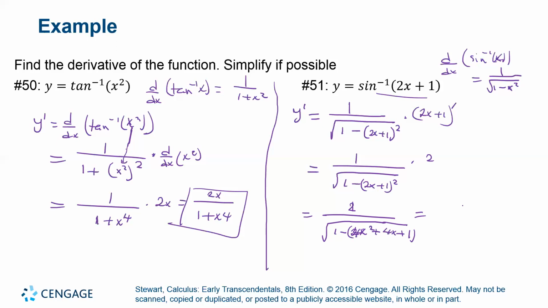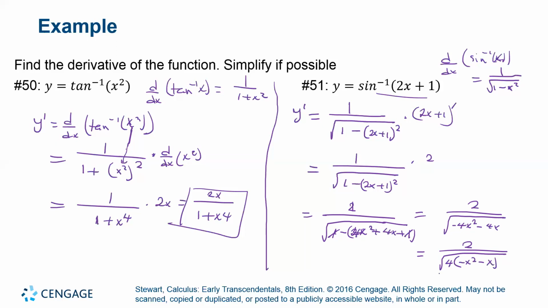And then when you do this, the positive one and negative one will go away. You're going to have the square root of minus 4x squared minus 4x. Now I can factor 4 out and get something interesting there, which is the square root of 4 times minus x squared minus x.